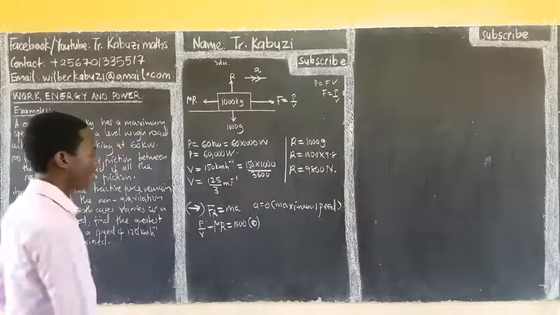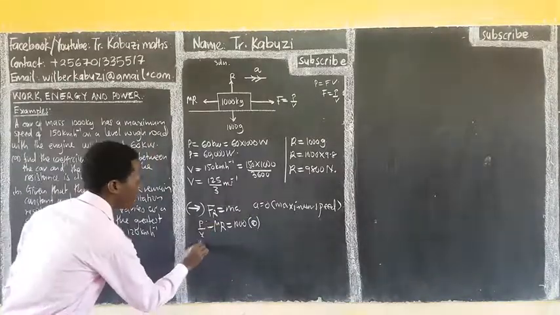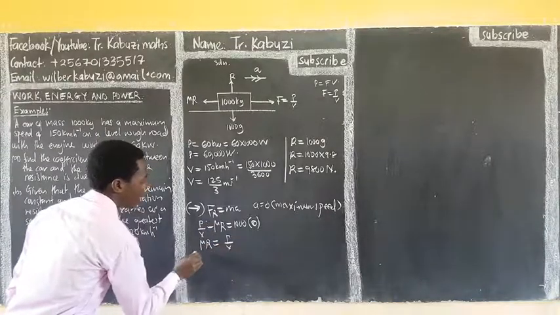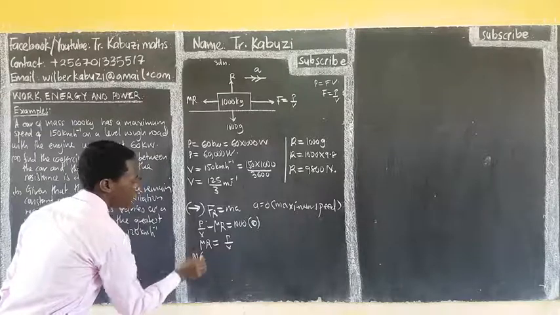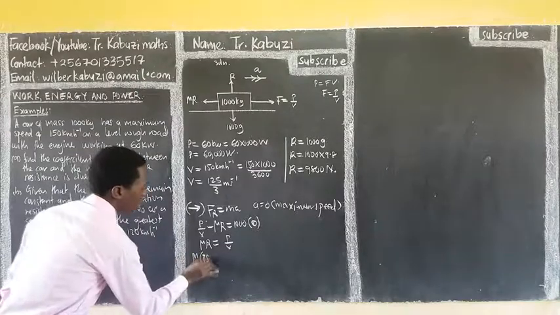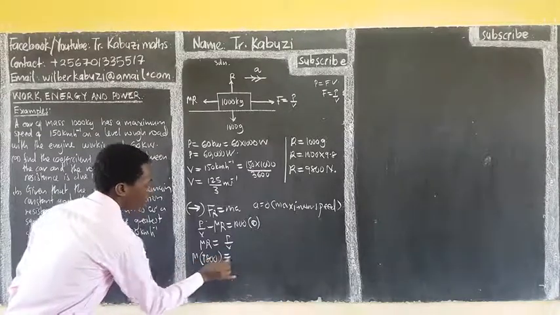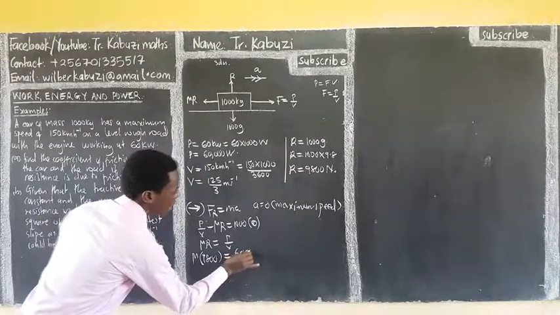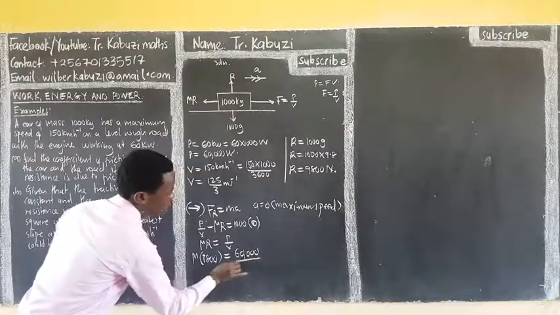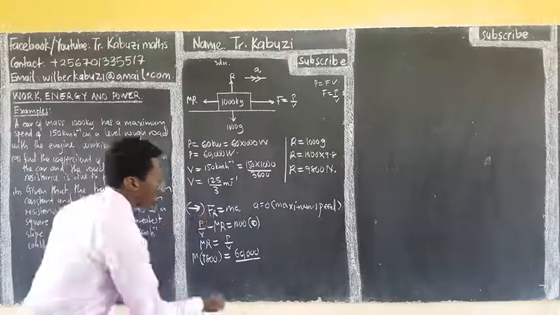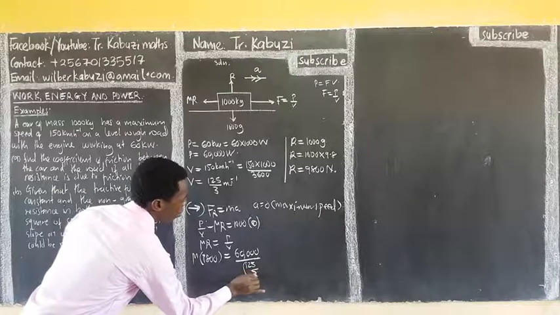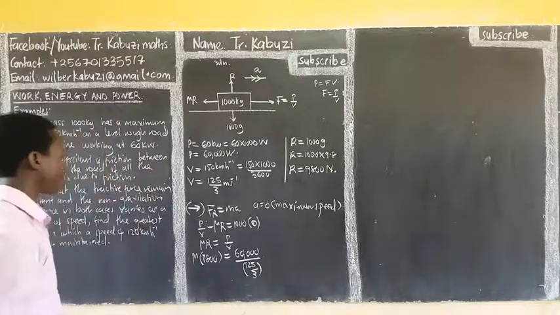So from here, if I take this inside, I have mu R equal to P over V. So my mu times my R, which is 9,800, equals my P, which is 60,000, over my velocity, which is 125 over 3.